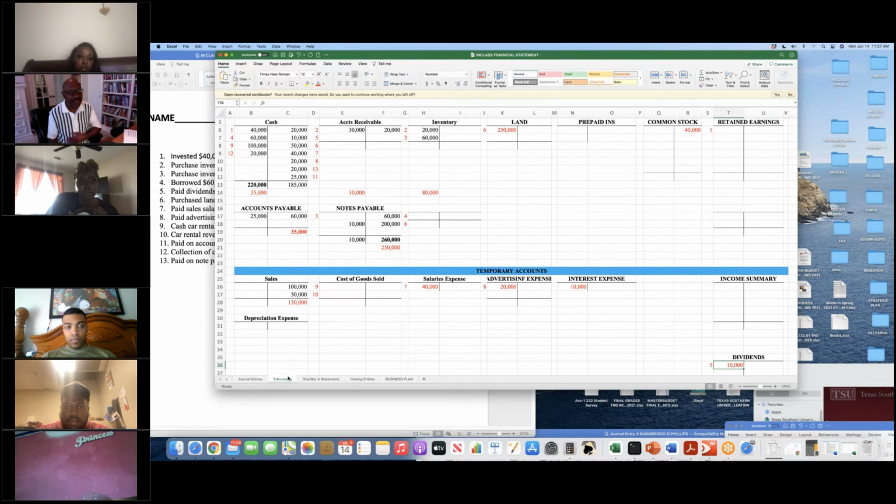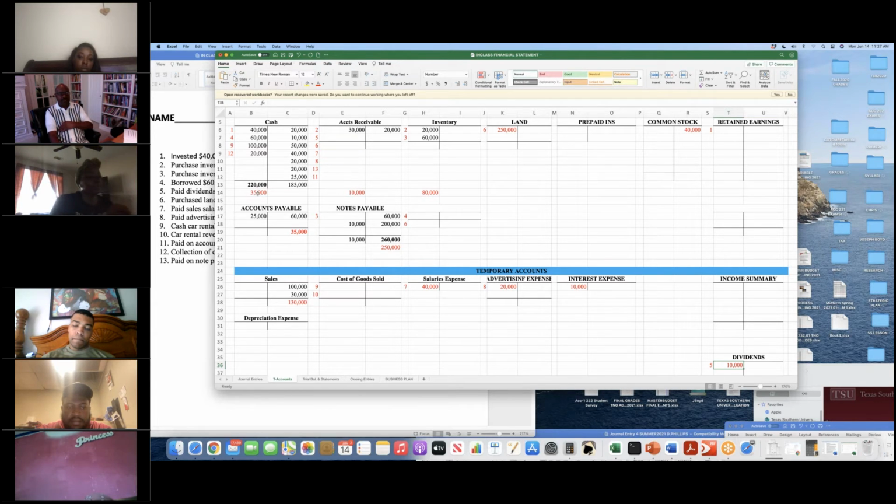Mine says 35,000, so let's look at what's happening here. 220 are the debits, 185 are the credits. We have in the account 35,000.